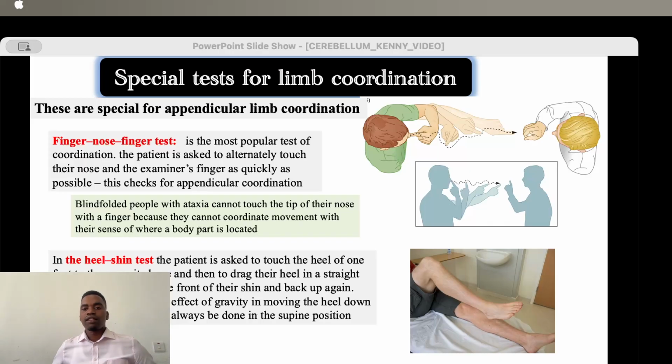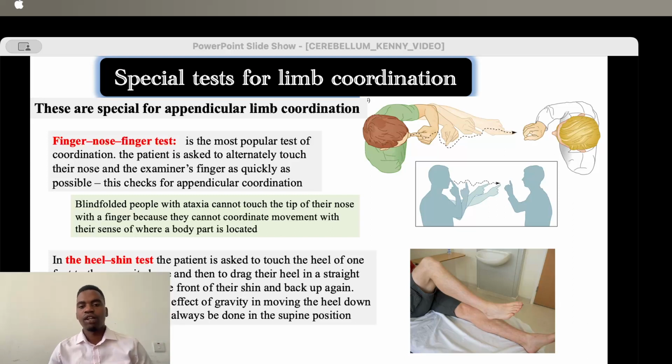But someone with a cerebellar lesion will lose the sense of joint position in space, and will not be able to touch the finger of the examiner. He or she can overshoot the finger, or can lose it. So that's what happens when someone has ataxia. It's also some form of ataxia, but it's ataxia of the appendage, or limb ataxia.